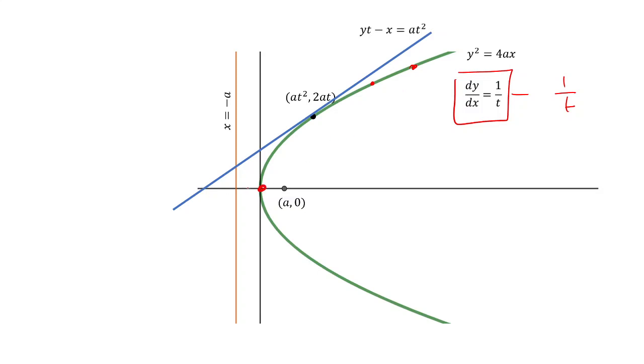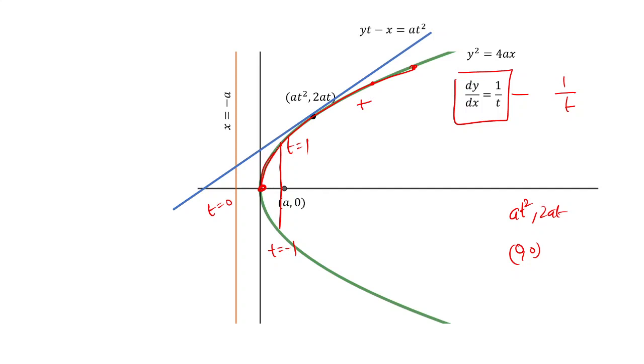For example, here at the vertex t is equal to 0, because you put (at², 2at), you put t = 0, you get (0, 0), which is the vertex of this parabola. At the ends of the latus rectum, the t is +1 on the upper part and the t is -1 on the lower part. And then on this whole upper part, the t is positive.